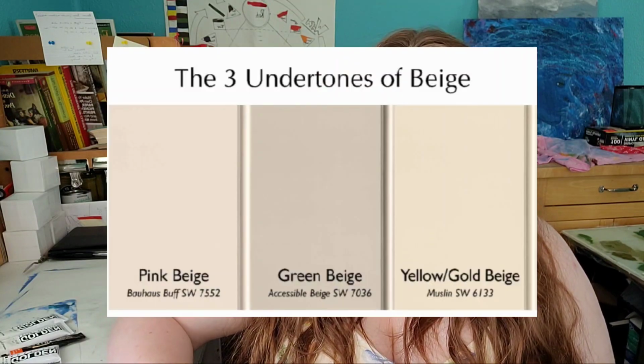That's where the undertones come in, where it's not just where it's been painted first and then on top. You can do it that way, but sometimes a color has an undertone that's mixed into it. Think about beige or the color taupe. They can have undertones like green or pink, but they're still in that beige family.